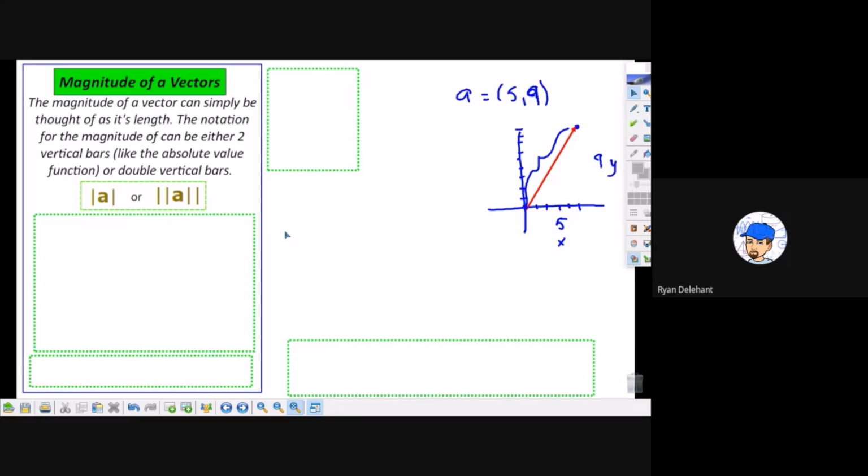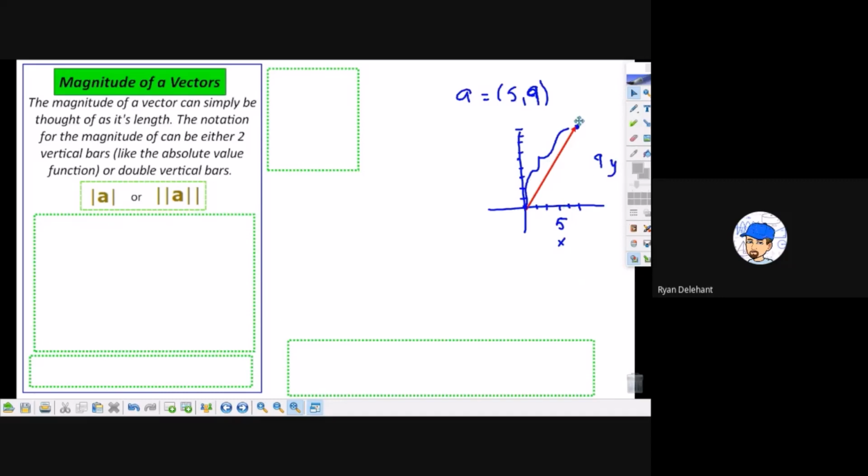The double bars separate the notation so you don't confuse it with an absolute value problem and understand that it's supposed to be magnitude. Unfortunately, this is where information can get mixed up and you can see the single set or the double set, so you have to pay attention to whether you're working with vectors or not.